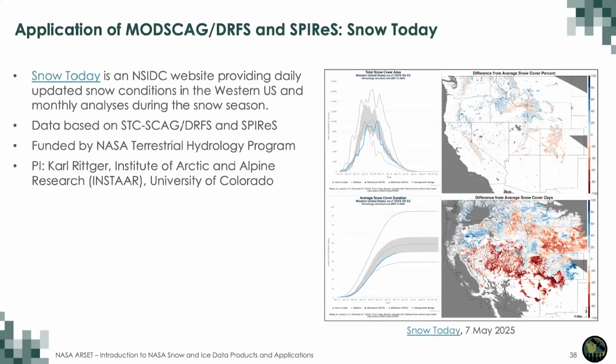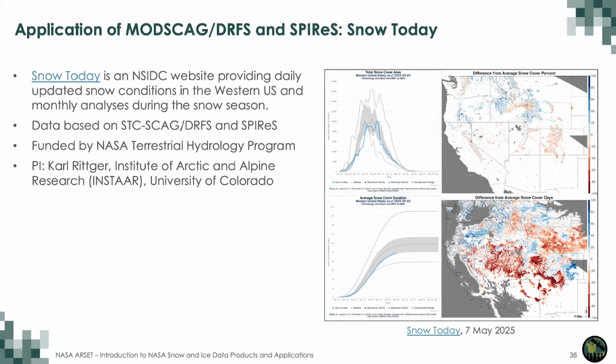One of the places this is getting used is in the Snow Today website. This is an NSIDC website that provides, during the Northern Hemisphere snow season, focused currently on the Western US, the snow cover statistics and images based on the MODSCAG, DRFS, and the SPIRES.